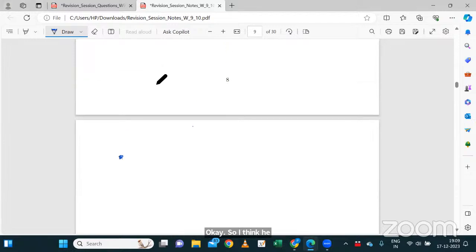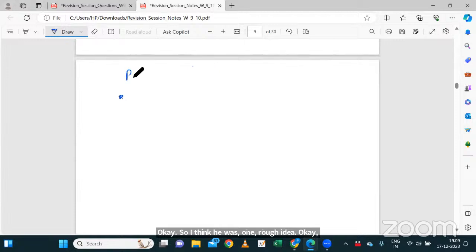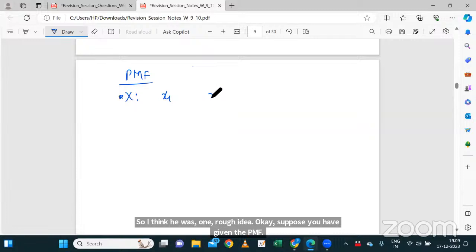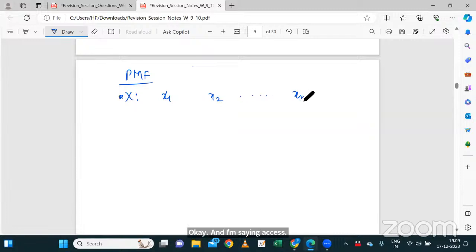Okay, so I will give you one rough idea of what's the need. Suppose you have given the PMF, and x takes the values x1, x2, up to xn, and the probabilities associated with each value are p1, p2, up to pn.